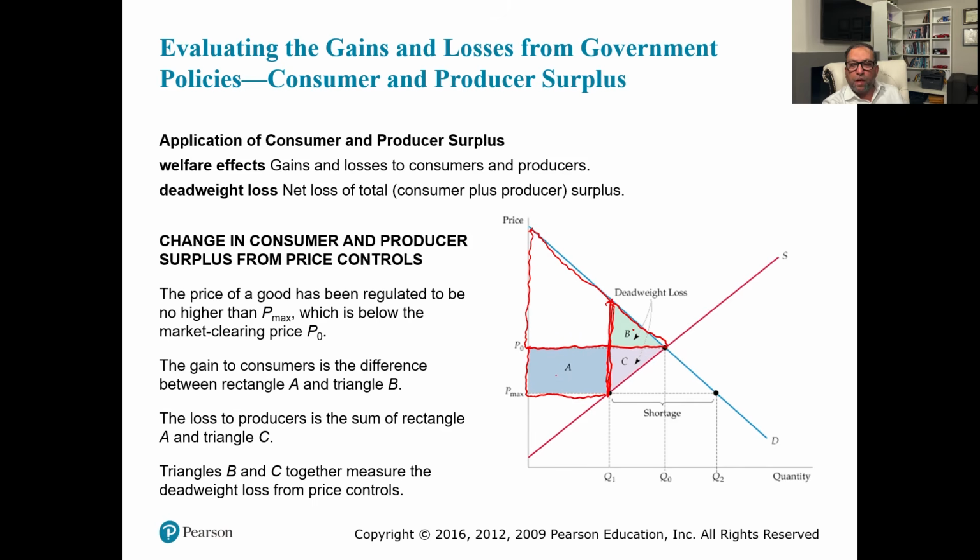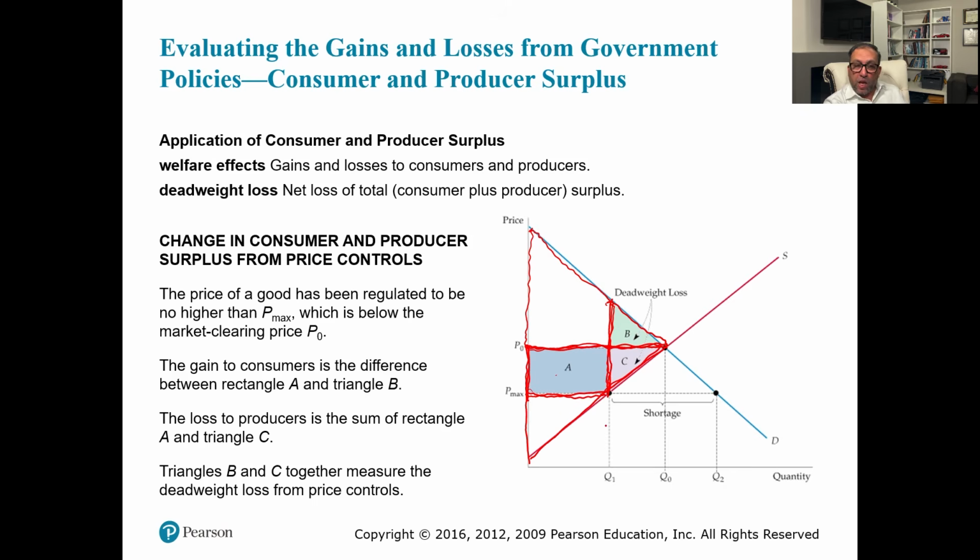So we can see very easily that area A is bigger than B, the lost area. So we can say that the consumer is going to be better off. Why? Because the price is set below the equilibrium level. But at the same time, the producer is losing surplus, initially it was this, but they are losing the surplus of this trapezoid, right?